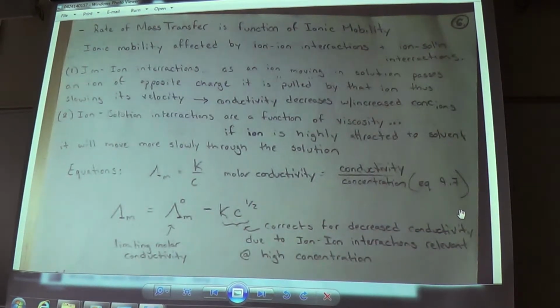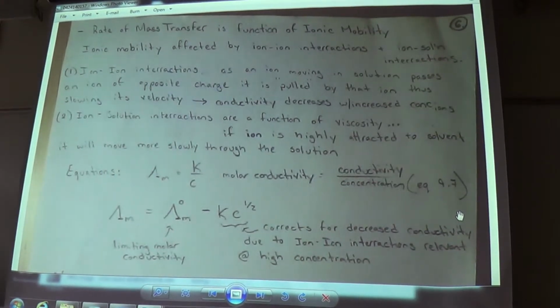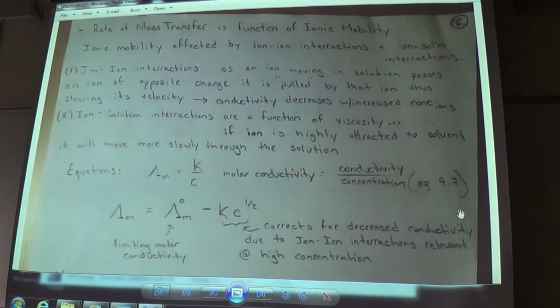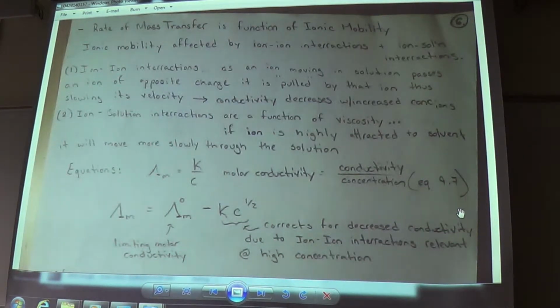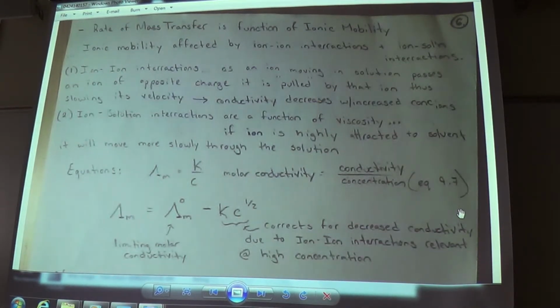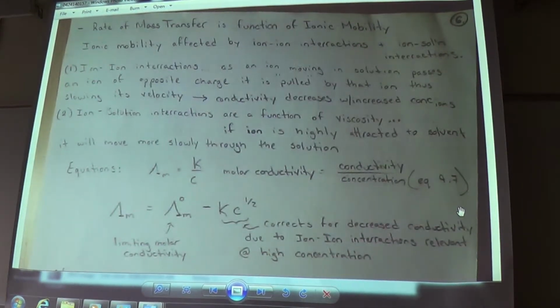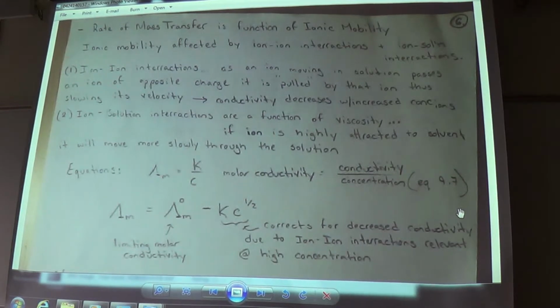And so you can imagine that the higher the concentration of ions, the higher the concentration of counterions, the slower a given ion will be able to move through the solution, because its movement is retarded by those forces that are pulling on it. And so we expect that conductivity is going to decrease as the concentration of ions increases, because those forces keeping you from moving are larger.